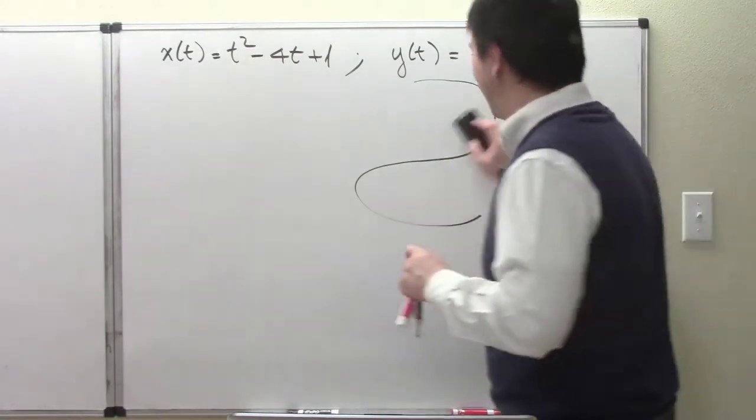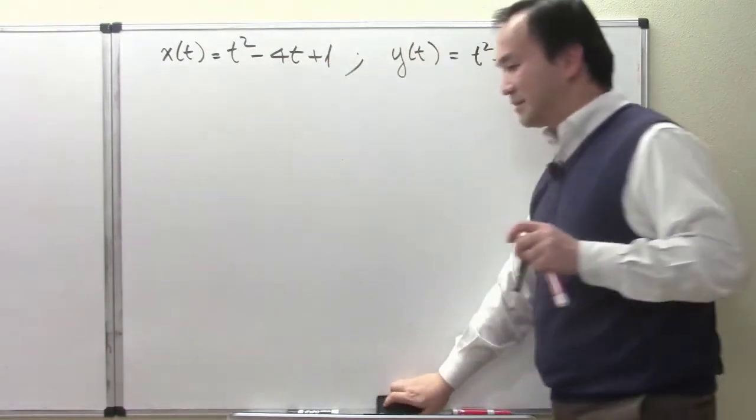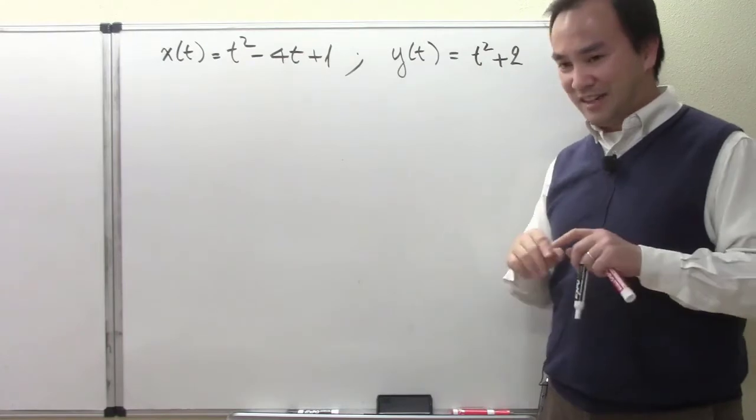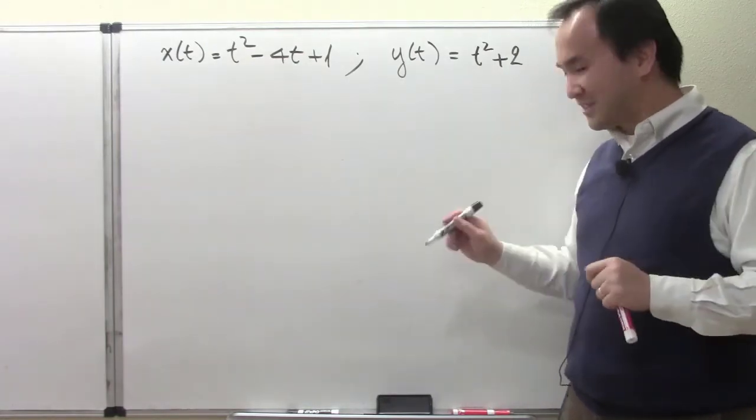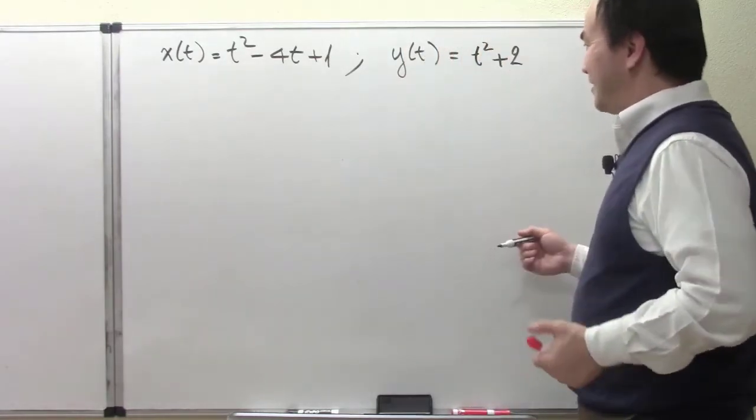Okay, and then later on when we learn about motion taking place in the 3D world, there's going to be another axis going along, but that's going to be a long story from now.